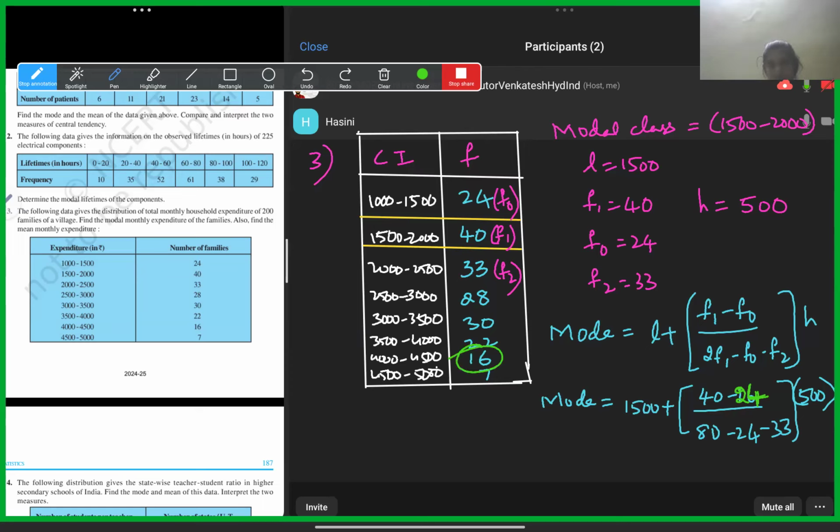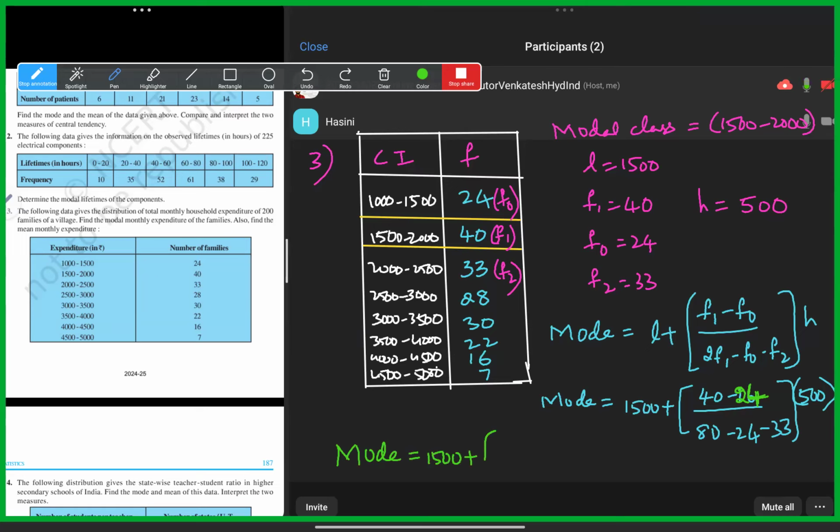So it is 40 minus 24, F1 minus F0. So now, Hasmi, finally mode is equal to 1500 plus 40 minus 24, which is 16, Hasmi. 80 minus 24 is 56.